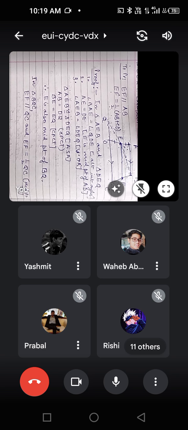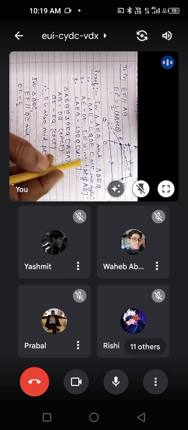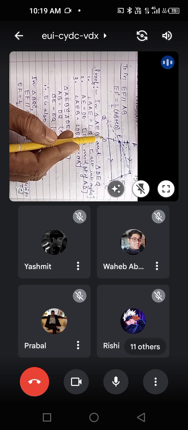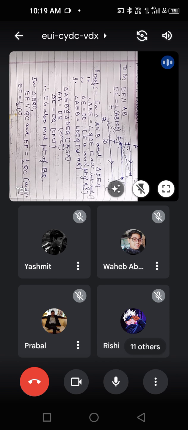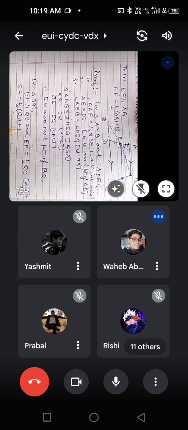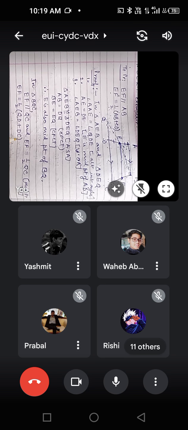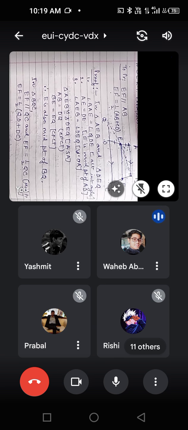Okay. Now again you see EF is equal to what? Half of QC. And what is QC? Q is this, C is this. That is QD plus DC, right? You see QC. Can you see? QC is equal to QD plus DC. And what is QD? Just now you have calculated, found out.